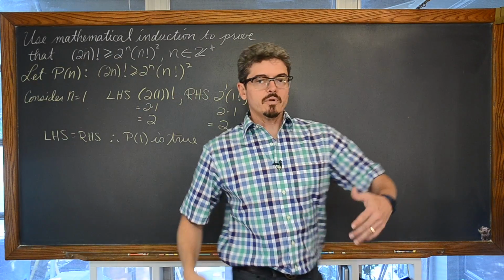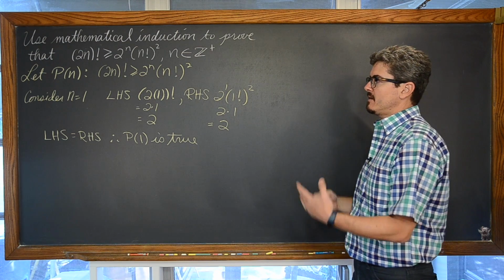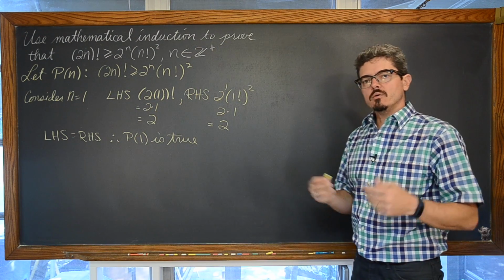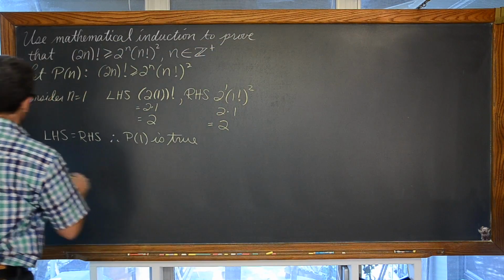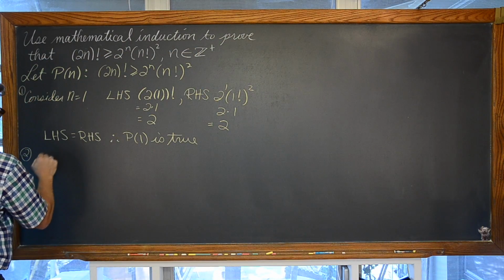Cool. Well, I don't want to, again, do a bunch of examples. That's not a proof. So now we're just going to say, well, this statement worked when n is equal to 1, so let's just assume that P(k) is true. Step 1, step 2.